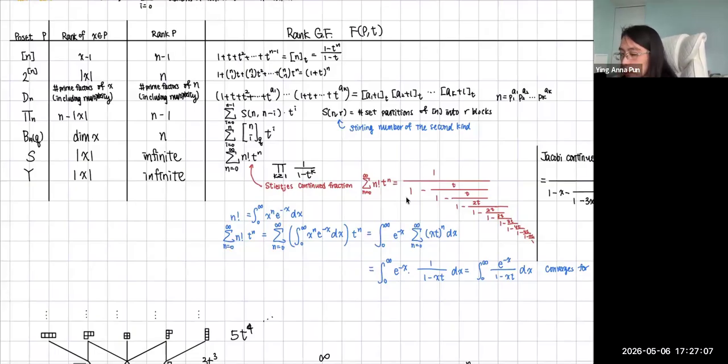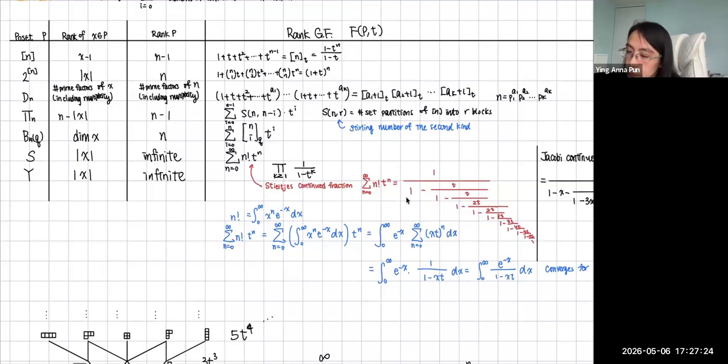But you can see that if you have any poset that you study, if they are ranked, you have to think about whether they are ranked. If you have a graded poset, finding the rank generating function is one thing that you can study.